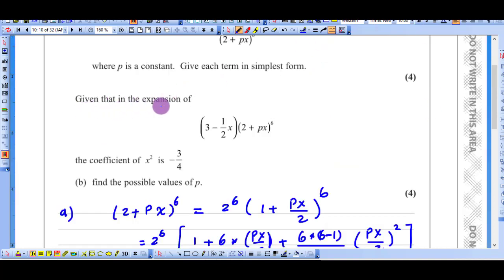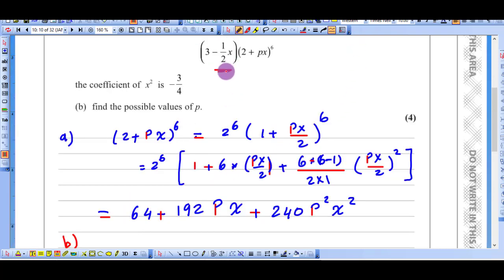Given that in the expression of 3 minus half x plus 2 multiplied by 2 plus bx power 6, the coefficient of x squared is equal to minus 3 over 4. Find the possible value of b.